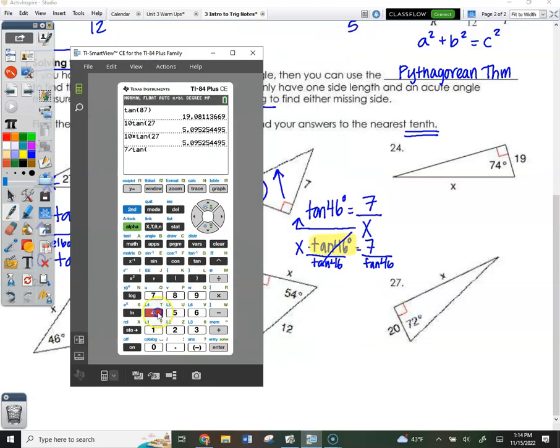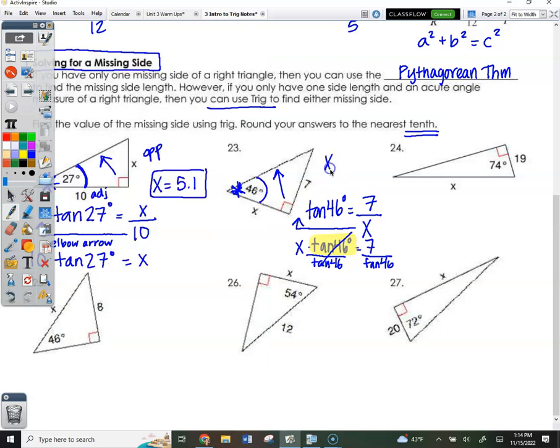And you get 6.8. So if the x ends up being on bottom, you divide, and if the x ends up being on top, you multiply. Right.